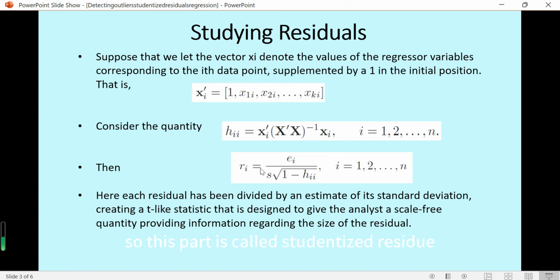So this part is called the studentized residual. If this value is a t-like statistic and it is significant, we will be skeptical that this observation is an outlier.